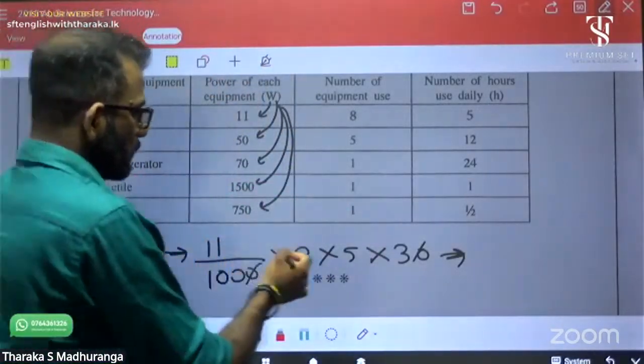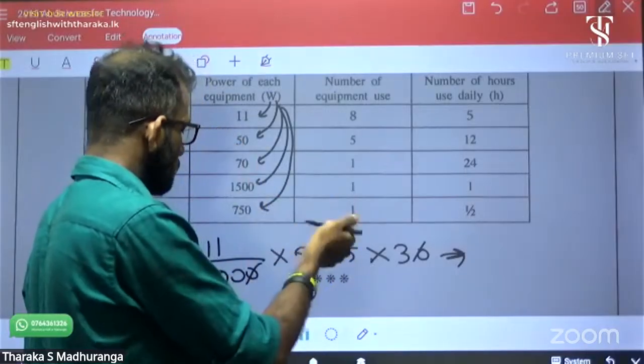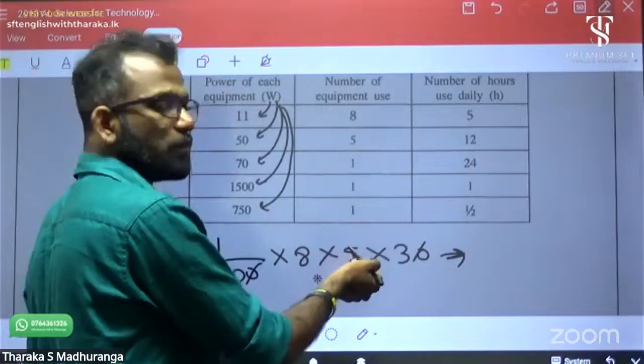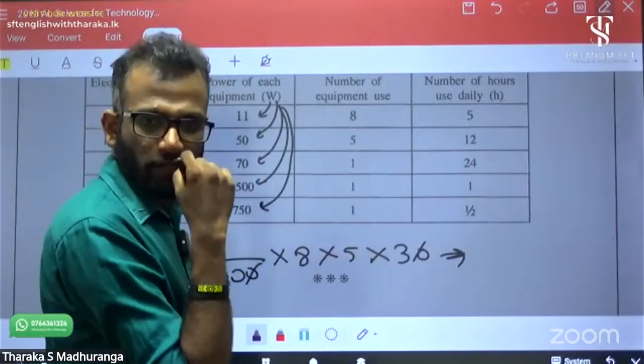Okay, 11, 8 into 5 is 40. 40 into 11 is 440.